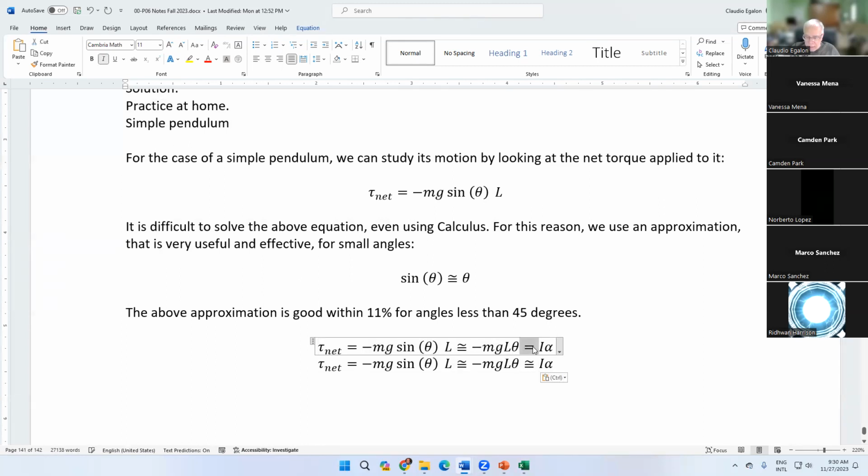That would be the right way of displaying this equation. With the approximate sign here, you cannot put an equality here because this is not equal to this one. This one here is equal to this one here. Here we have the approximation.